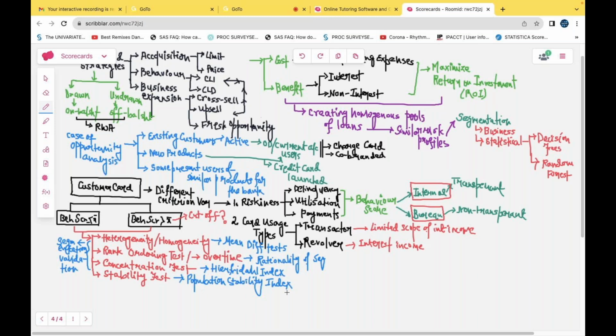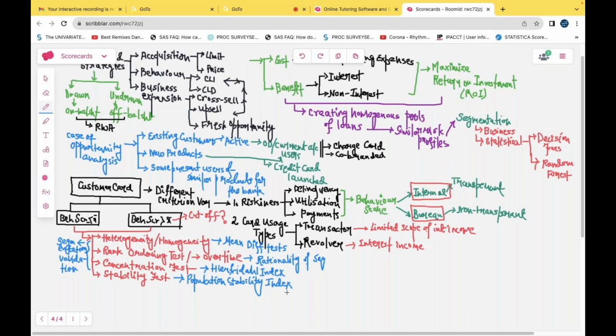Now if you want to sub-segment each of the behavior scores using the bureau score and then with other metrics, at each level of the segmentation, this is the set of tests that needs to be performed, right? Even if we are creating some business segments, this will give us a mathematical foundation to assess the rationality or sensibility of the segment.